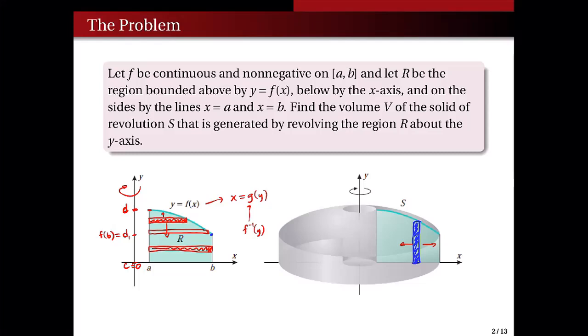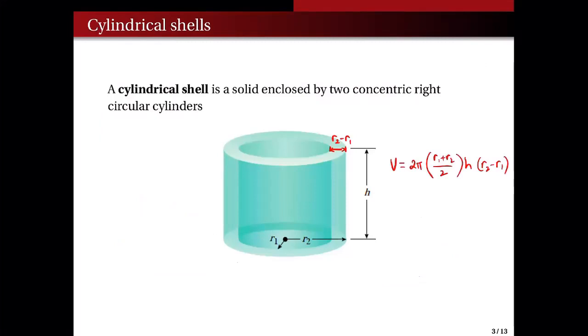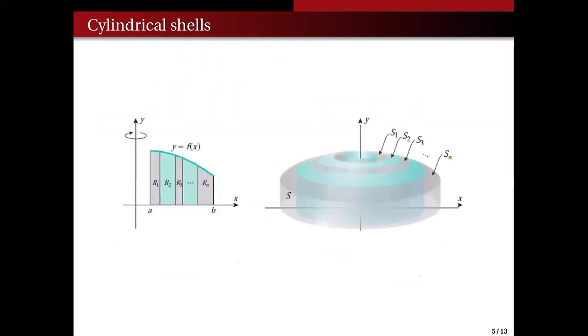So, how do we really calculate this? You will divide the interval AB into n subintervals. As usual, we divide this into n subintervals, and let's just make them equal.